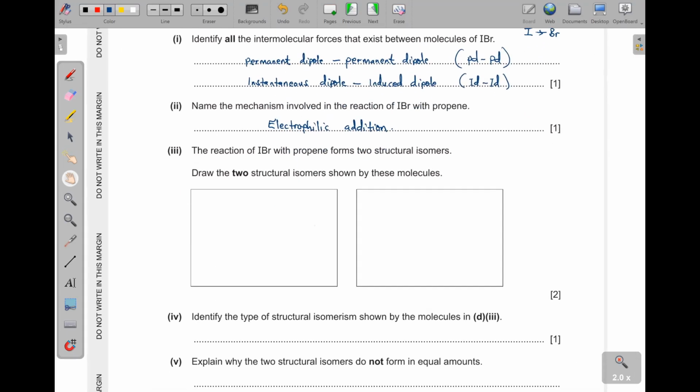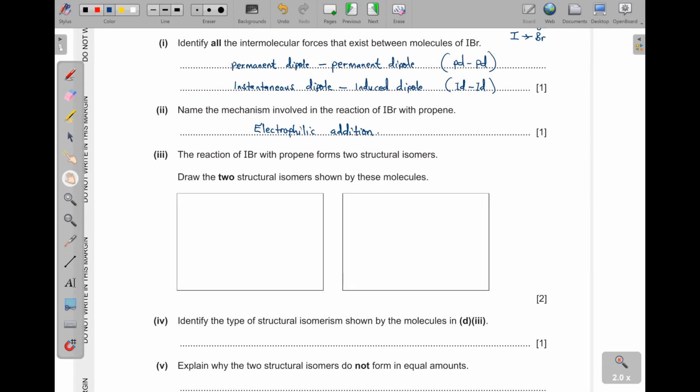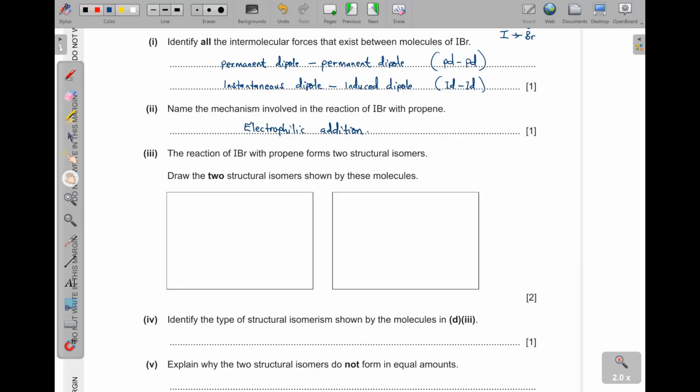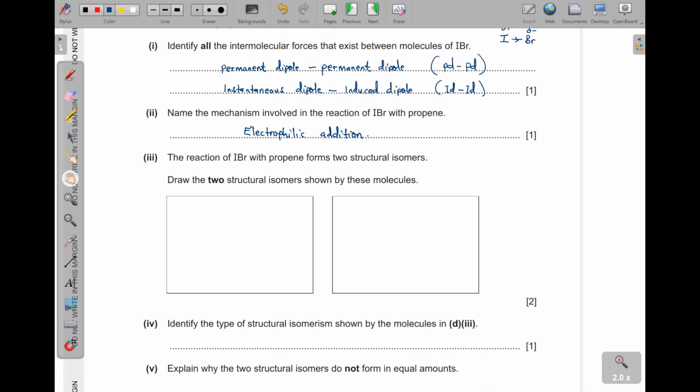So this is actually what happens. You have propene, which is CH3, then CH, and then CH2. So you have iodine here, and then the bromine.